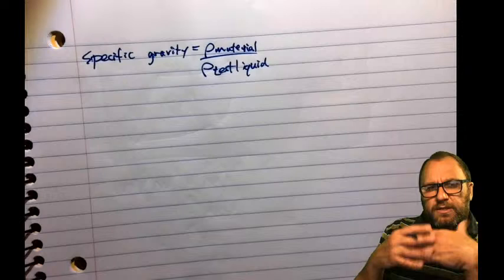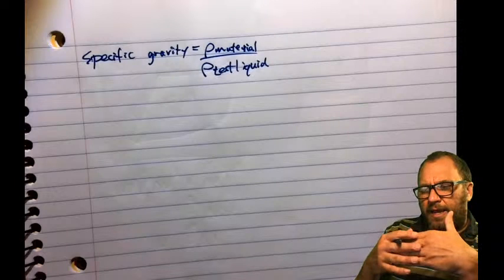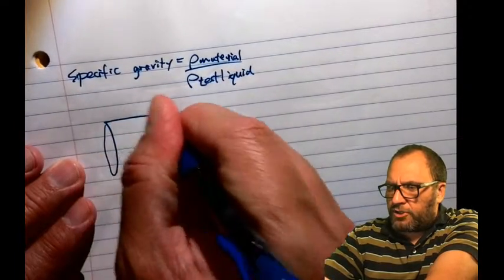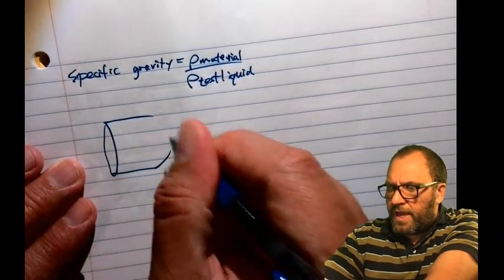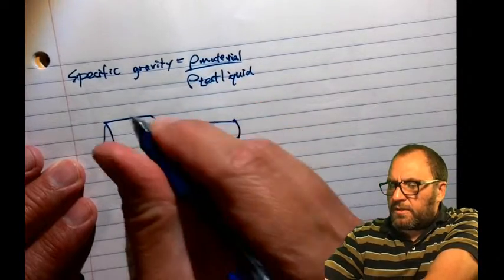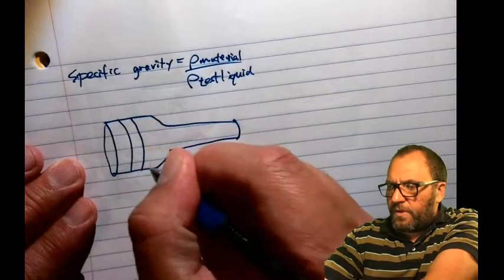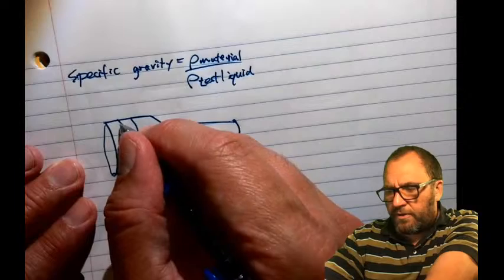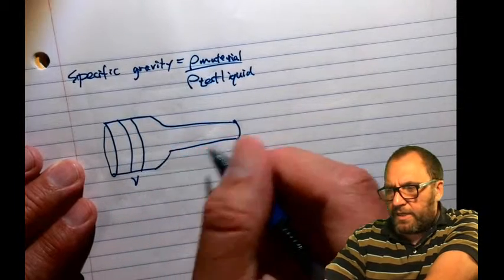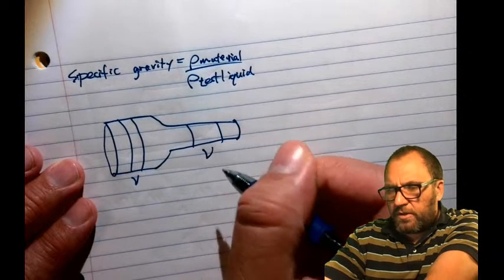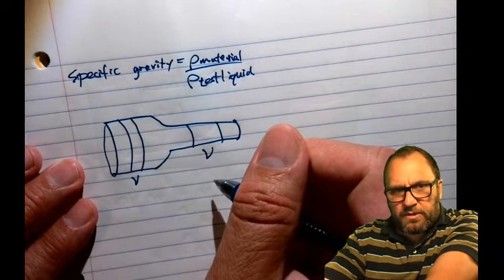So, what happens when a fluid goes from a larger pipe to a smaller pipe here? Okay. So let's say that I knew what the velocity was over here of my flow, of my liquid, and I wanted to find out what the velocity of my water is going to be over here.